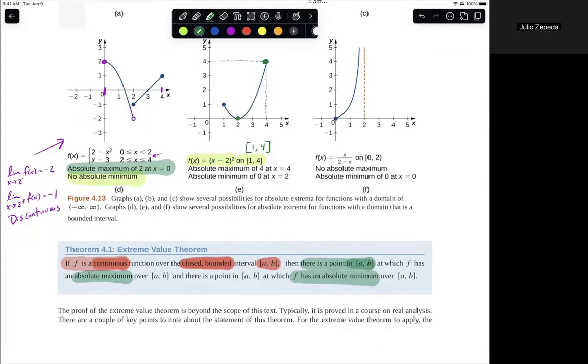Okay, and then finally the third function here, we have x over 2 minus x on the interval from 0 to 2. Now, the extreme value theorem does not apply to this function on this interval because the function is continuous on the interval, but the interval is not closed.